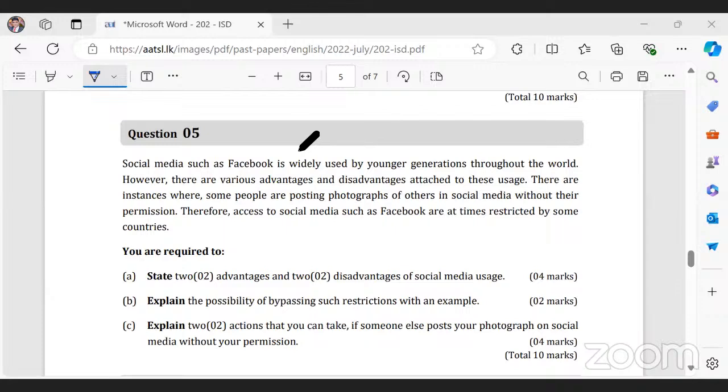There are instances where some people post photographs of others on social media without their permission. Therefore, access to social media such as Facebook is blocked by some countries. You can understand the case. You are required to state two advantages and two disadvantages of social media.